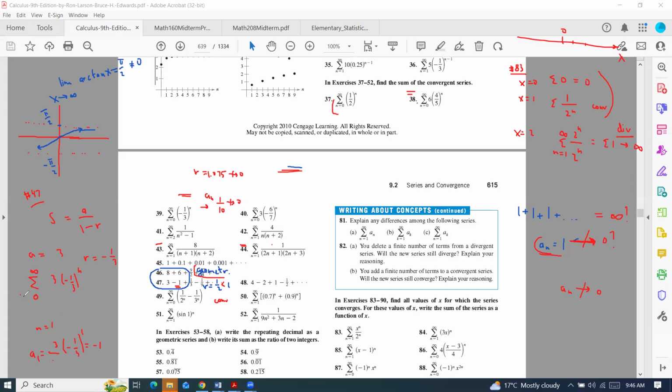So for that matter, we start with a0 and go to infinity. So our n then will start at 0. If I look at the first term, which is index 0, then it will be my 3 multiplied by negative 1/3 raised to the power of 0. Negative 1/3 to the power of 0 is 1.